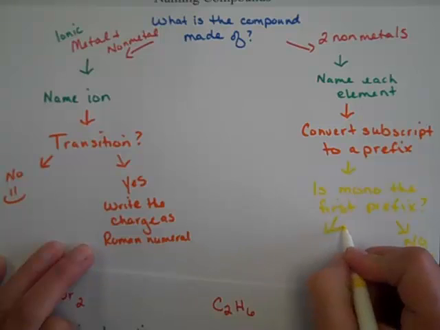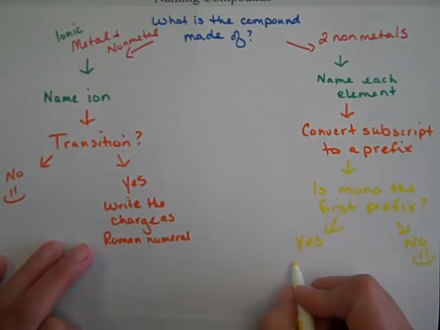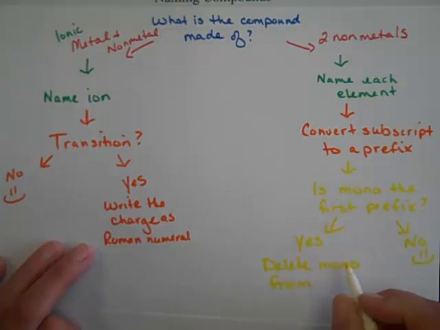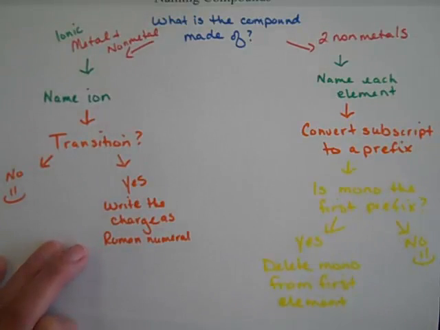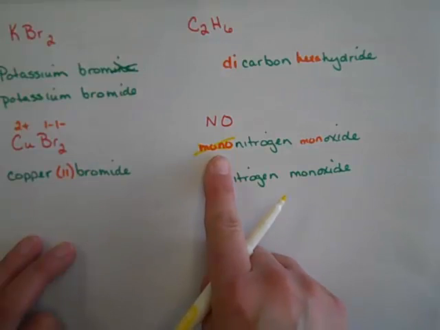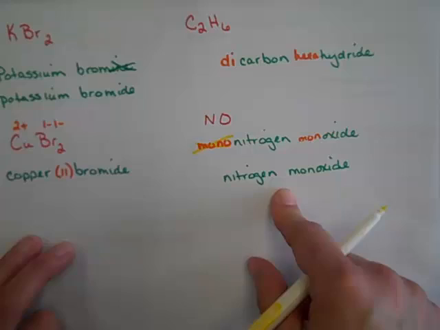If the answer is yes, then we delete it. So if we have mono in our first element, mono nitrogen, we just write nitrogen.